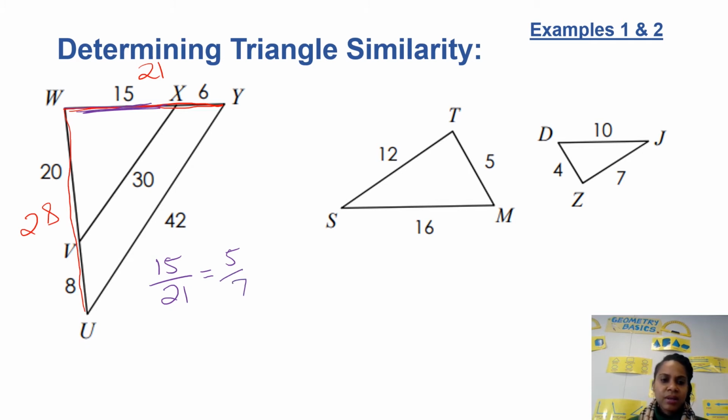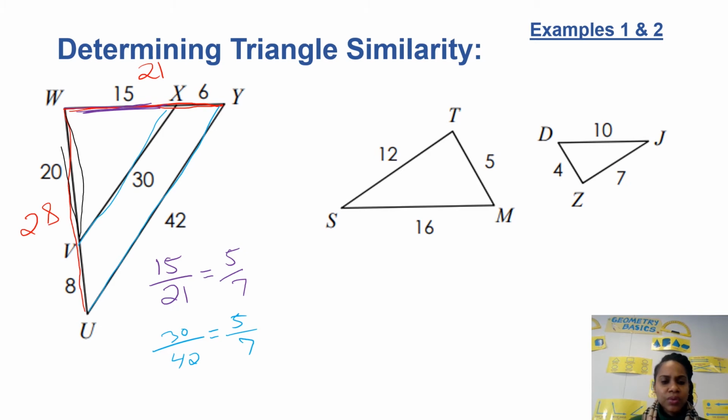All right, looking at this side here, 30 over 42. These are both divisible by 6, so that reduces to 5/7. And next, the last side here, we have WV over WU.